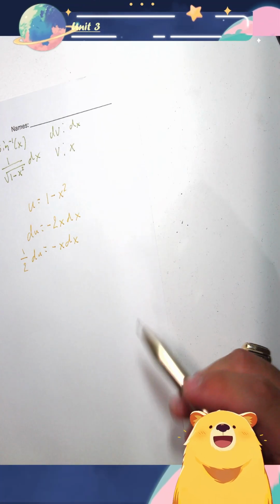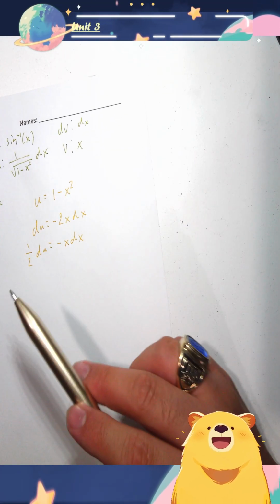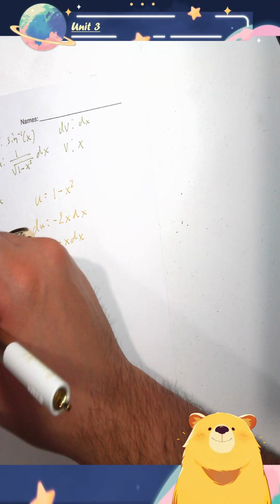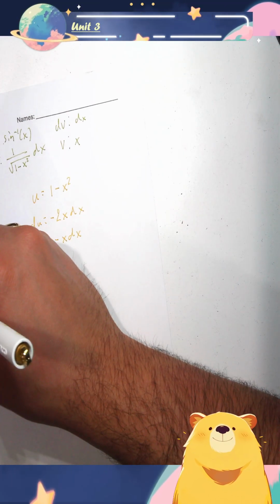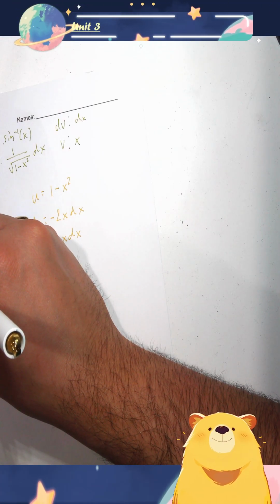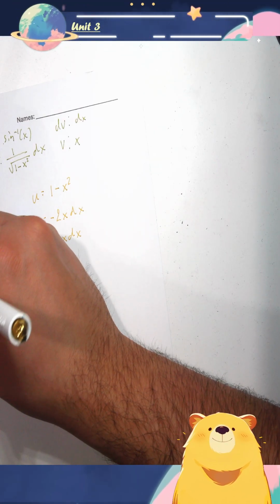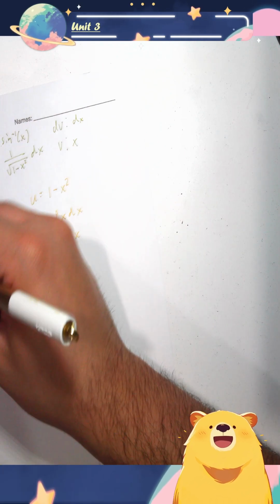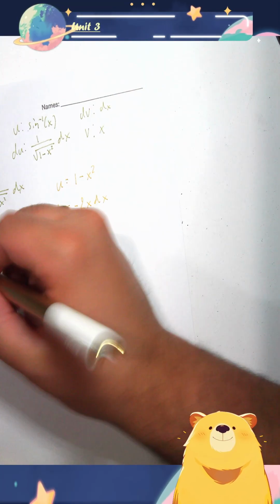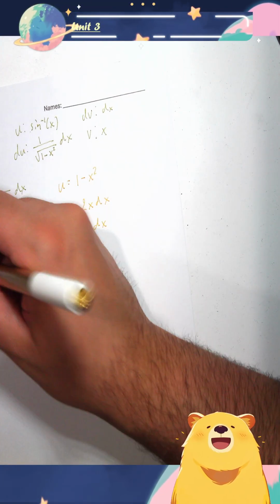Then from here I can go ahead and just do the integral of that. So the integral of that is, hold on, I'm going maybe too fast. I'm just going to do it step by step.